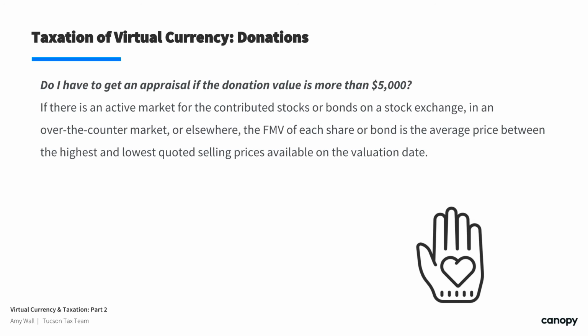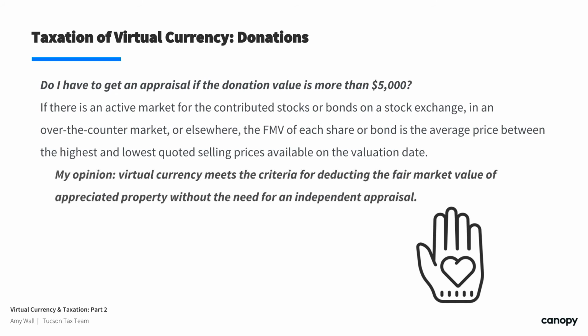Most virtual currencies have an active market, as long as it's not something that no one's ever heard of. But if you can go online and find out what the price of this currency was today, what the high and the low were, I don't know why you need an independent appraisal. I think that you could very easily make the statement that you didn't have to do that. That's just my opinion. Of course, the IRS has not told us this.